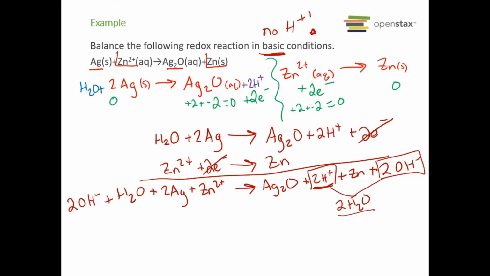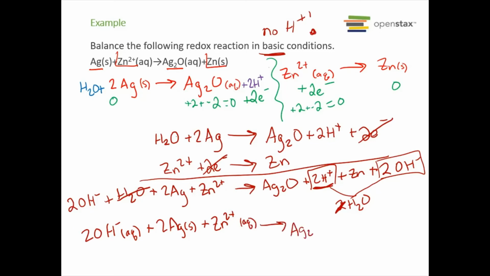So this water goes away, one of these waters goes away, and now we can write our resulting equation. 2 OH minus aqueous plus 2 Ag solid plus Zn2+ aqueous, times Ag2O aqueous, plus solid zinc plus water liquid.